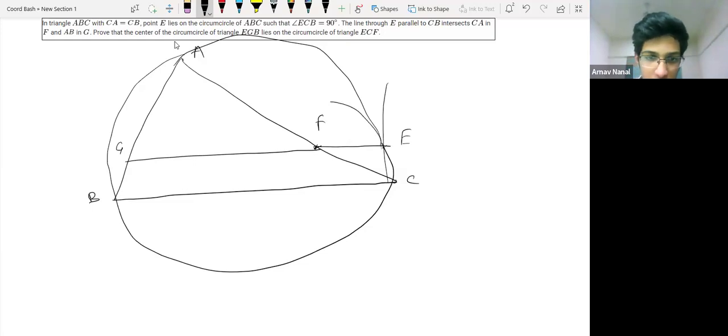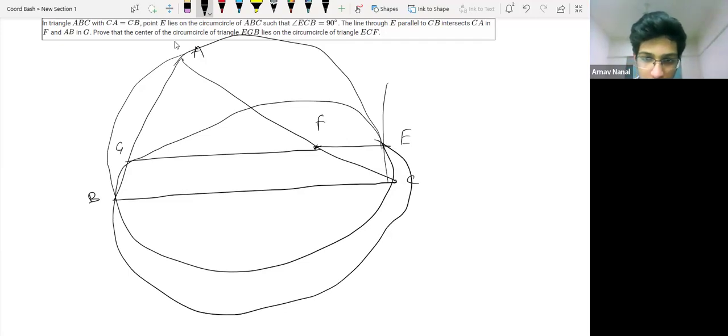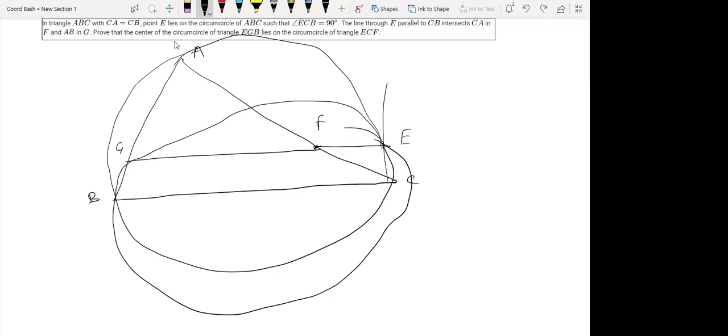Yes, so you have this circle and you have ECF. Have I drawn the figure wrong or something? This doesn't look familiar. Okay, one possible setup could be to set C to be the origin, E to be on the y-axis, and B to be on the x-axis.